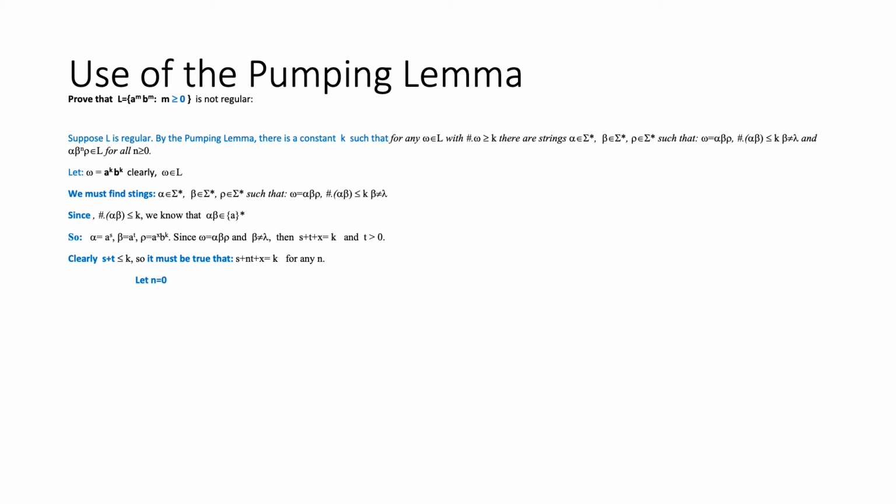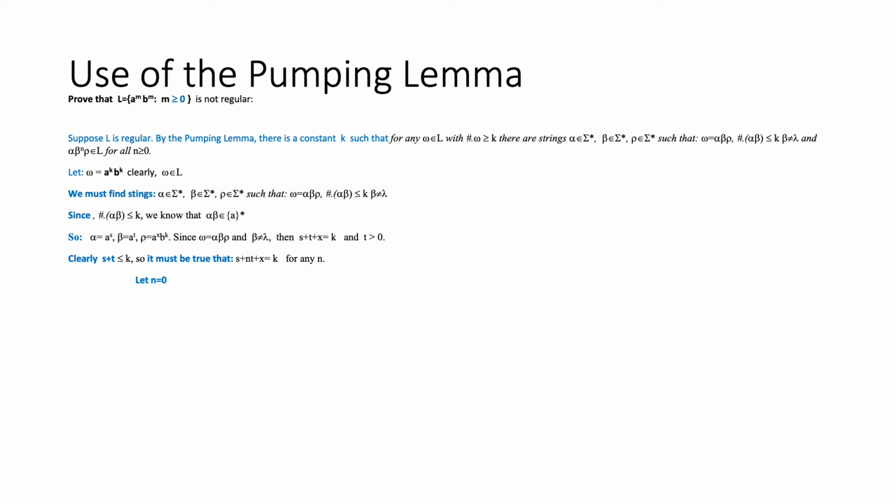Then I'm going to choose a string. Let's say the string is k A's followed by k B's. That k is the k that is special for this language. And clearly omega belongs to L. We must find strings alpha, beta, and rho such that omega is equal to the concatenation of alpha, beta, rho, the length of alpha, beta is less than or equal to k, and beta isn't lambda.